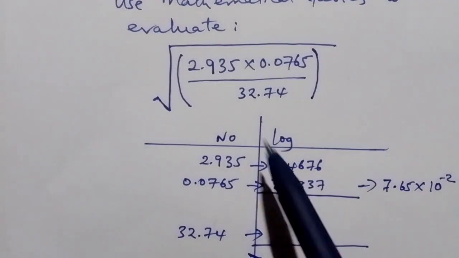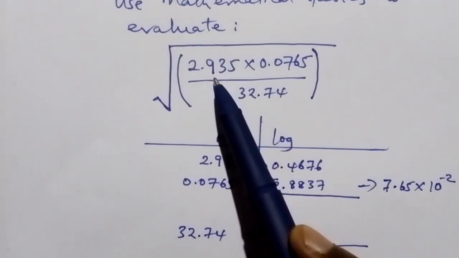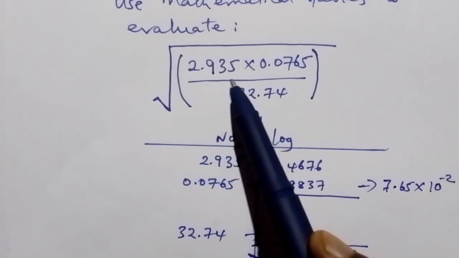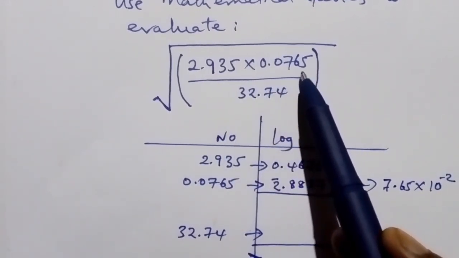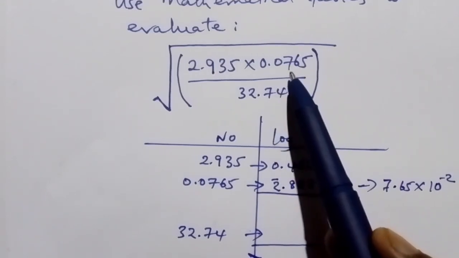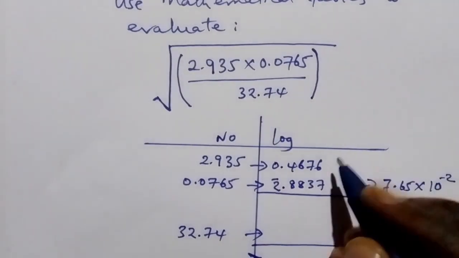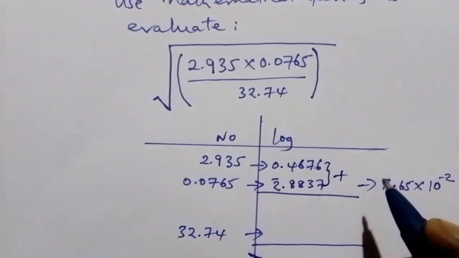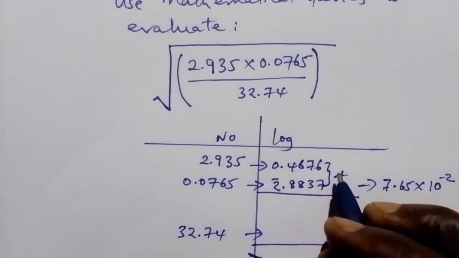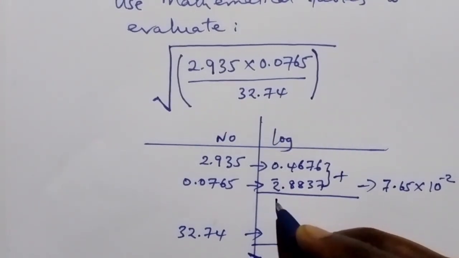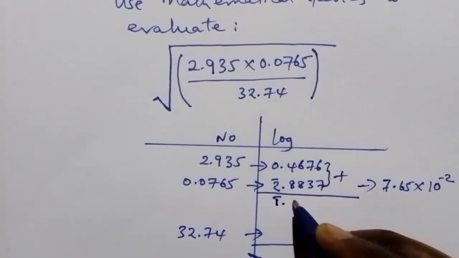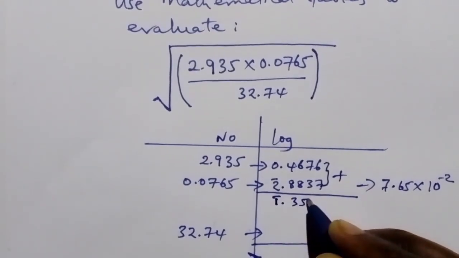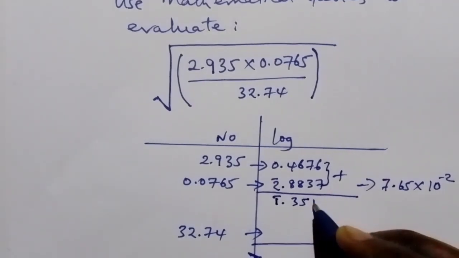So now this is 2.935 times 0.0765. We multiply, it means that we add here. So when we add here, we end up with bar 1.3513.